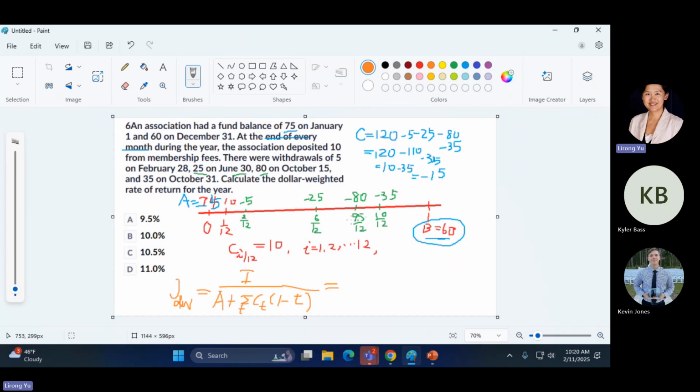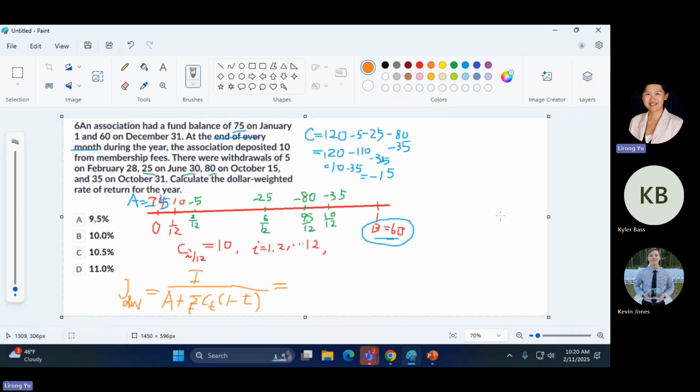So that's why we have to know the I. But in order to figure out the I, we also have to know the C. According to the formula we mentioned, B is equal to A plus C plus I. B is the overall summation of everything. So that's why the I would equal B minus A minus C, right? So the B is 60, the A is 75, and the C in this case is negative 15. So we actually minus a negative number here. That's weird.